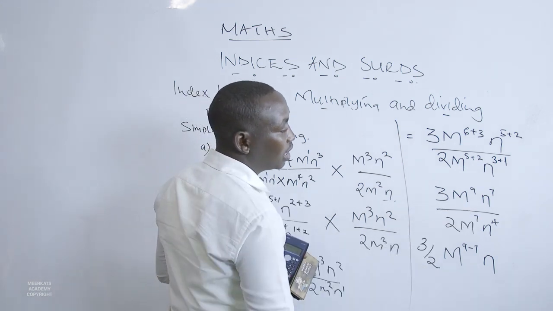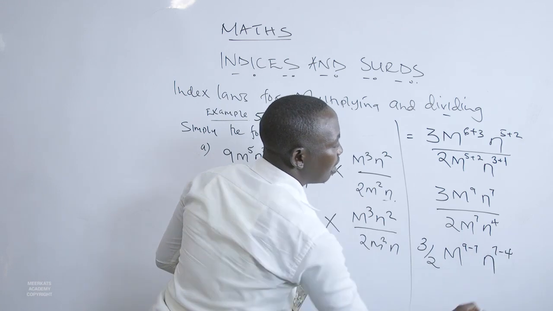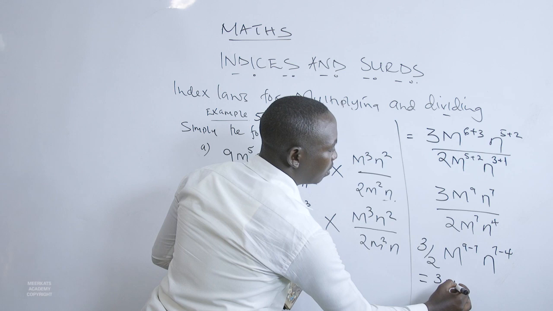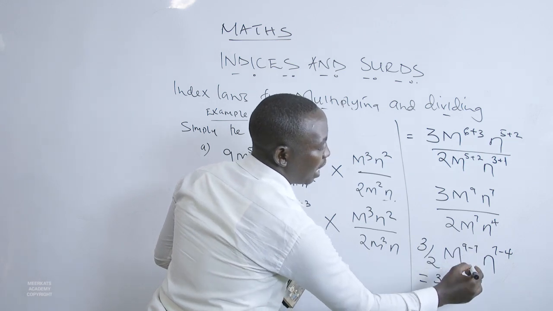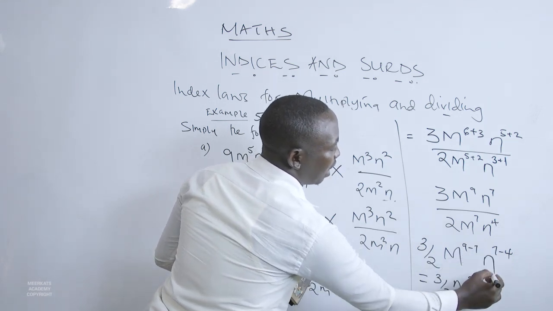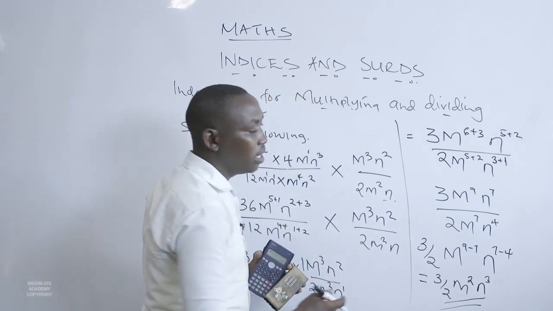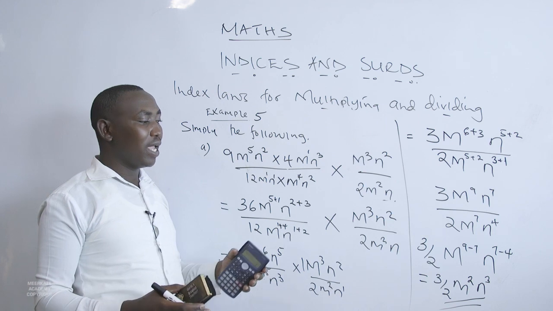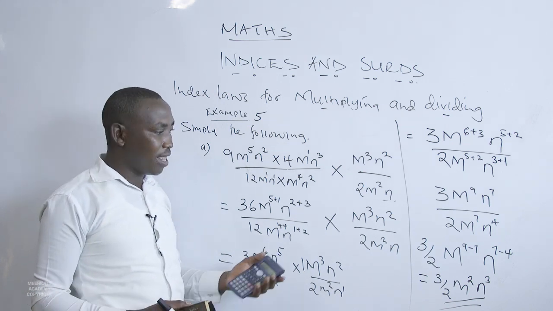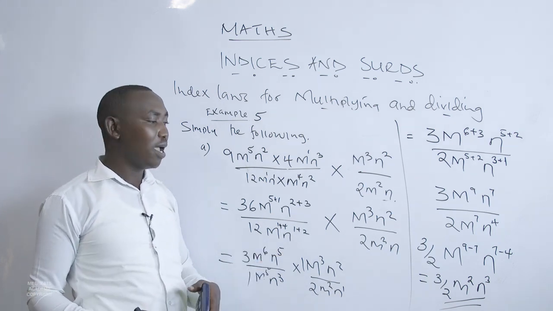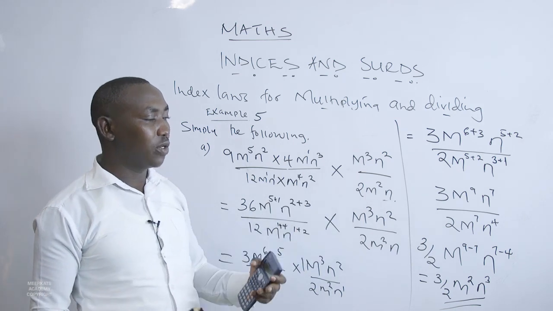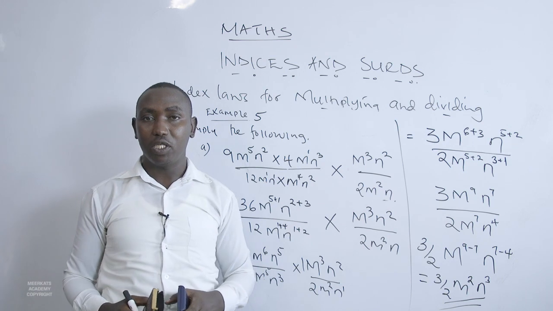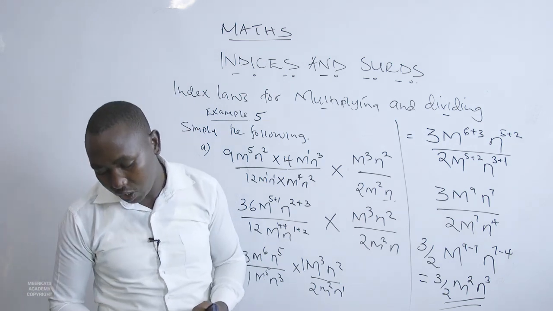So we again subtract the powers, which is 7 minus 4. This shall result to 3 over 2, m raised to 9 minus 7 is 2, 7 minus 4 is 3. So you find that it is quite engaging, but at the end of the day it is very interesting to see how they cancel off using the two laws of multiplication and division.